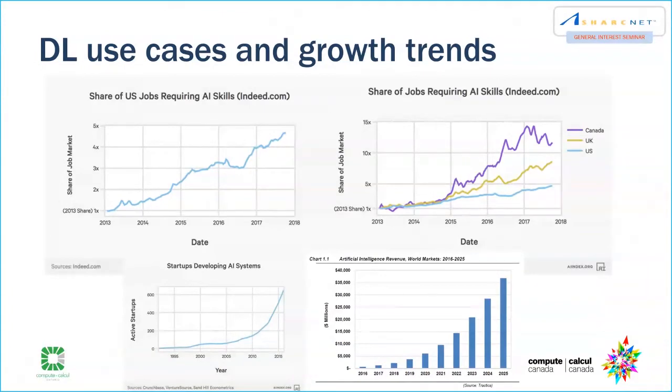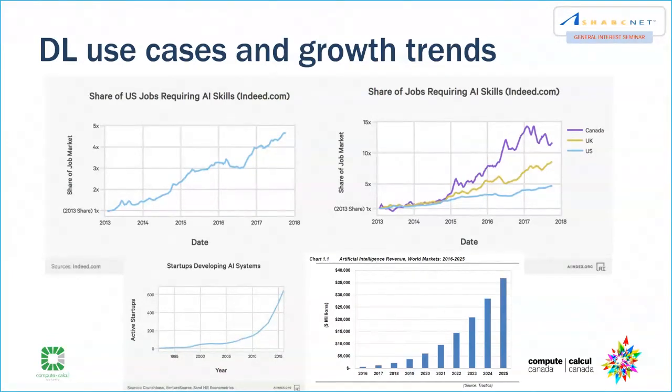I tried to collect a couple of graphs from here and there to show how much deep learning is actually gaining popularity. As you see in the upper left corner, the share of jobs requiring AI skills is growing a lot. And if you see the upper right corner, especially jobs requiring such skills in Canada, it's explosively increasing since 2015.